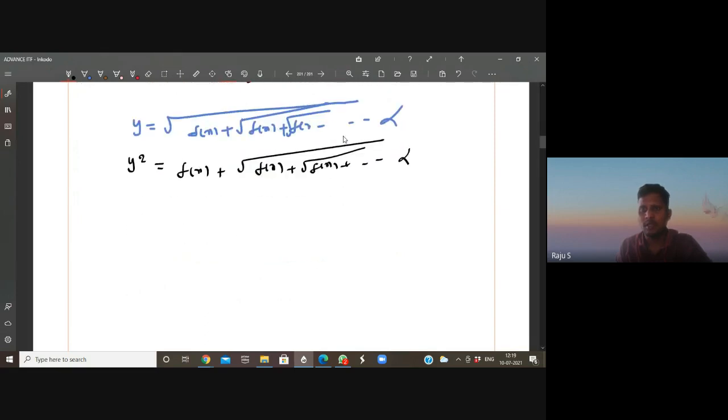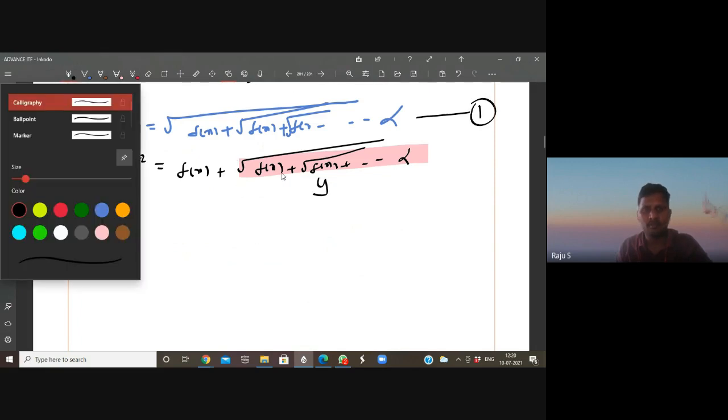I'm deriving the formula. So this is nothing but what again? With the help of the above equation, shall I write y in place of this square root?